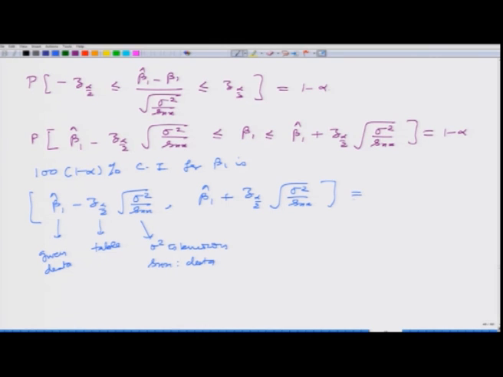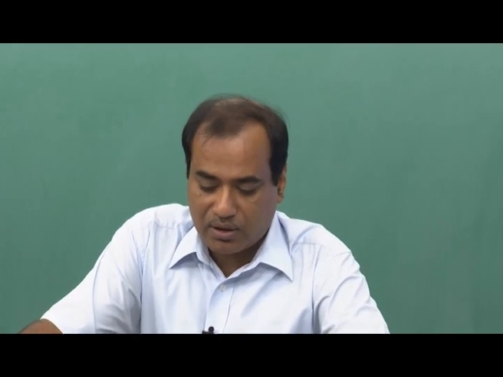So, this is equivalent to saying we have obtained the Lx and Ux, which are a function of the sample values x1, x2, xn, and this interval can be obtained on the basis of the given sample of data. So, this is our 100 times 1 minus alpha percent confidence interval.